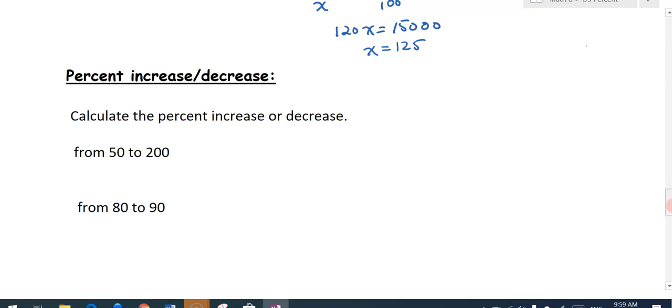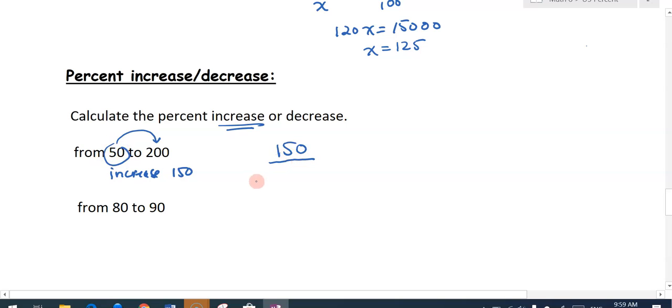For example, what is the percent increase if we're going from 50 to 200? Well, my increase is $150, right? And so my increase will be how much I went up by as compared to, right?